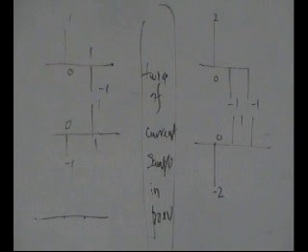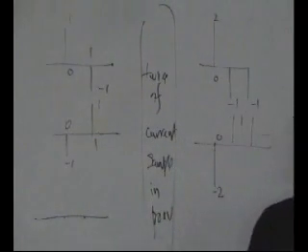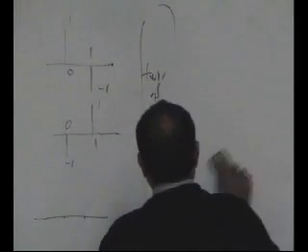So any operation which involves weighting of the current sample and the previous samples and adding them together to get an output is a linear operation in general. So our interest is in linear operations, for many reasons, and we'll find out why.